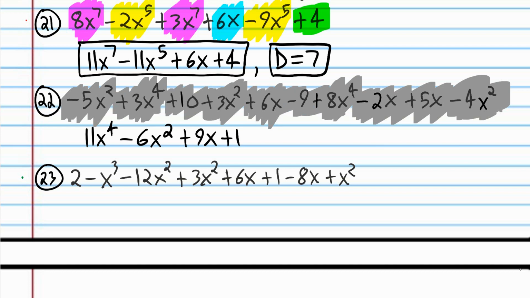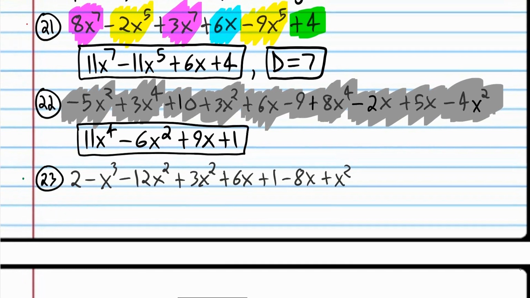So there you go. Now the degree is the highest power. That's this orange number over here, 4. So the degree is 4, the degree of the polynomial.